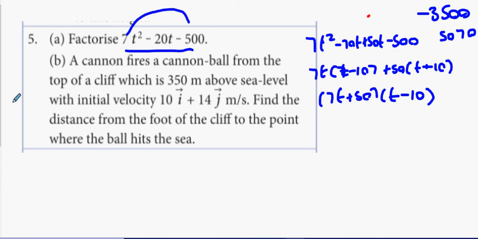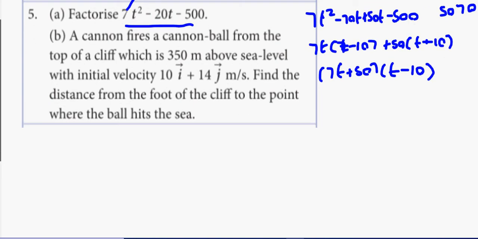So, a cannon fires a cannonball from the top of the cliff, which is 350 meters above ground. And this time it fires it upwards, so that's different than the last one. Now, still saying the top of the cliff is 0, 0.